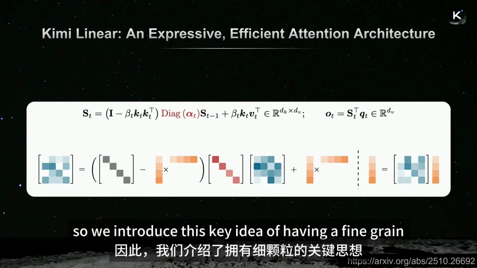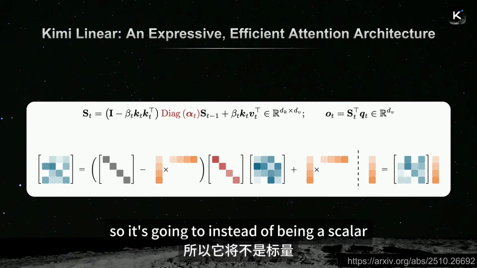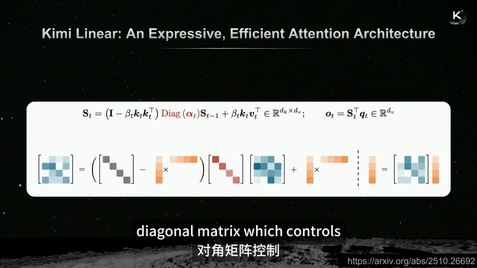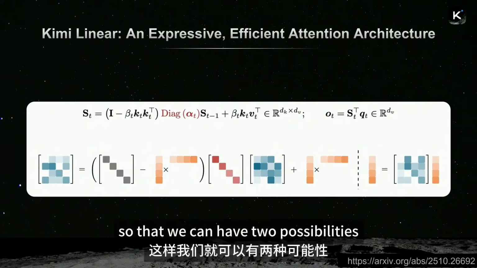So we introduced this key idea of having a fine-grained decay factor, as shown in this highlighted alpha term. Instead of being a scalar, it's going to be a diagonal matrix, which controls the decay rate for each channel, so that we can have two possibilities.